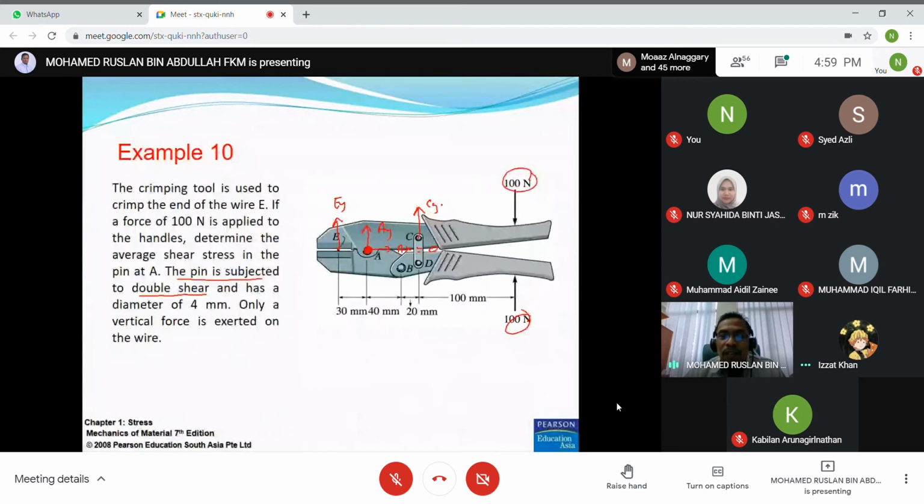You have only 2: total Fy equal to 0, and total moment equal to 0. And the unknowns are 3. Can you solve? No, you cannot solve this problem if you choose the top part.